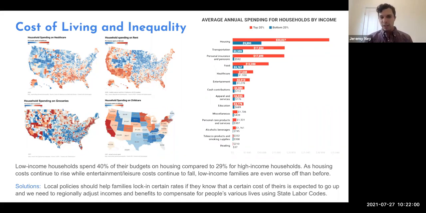The chart on the left looks at 4 different variables: the cost of healthcare, the cost of rent, the cost of groceries, and the cost of childcare, the 4 big variables that eat into one's income.